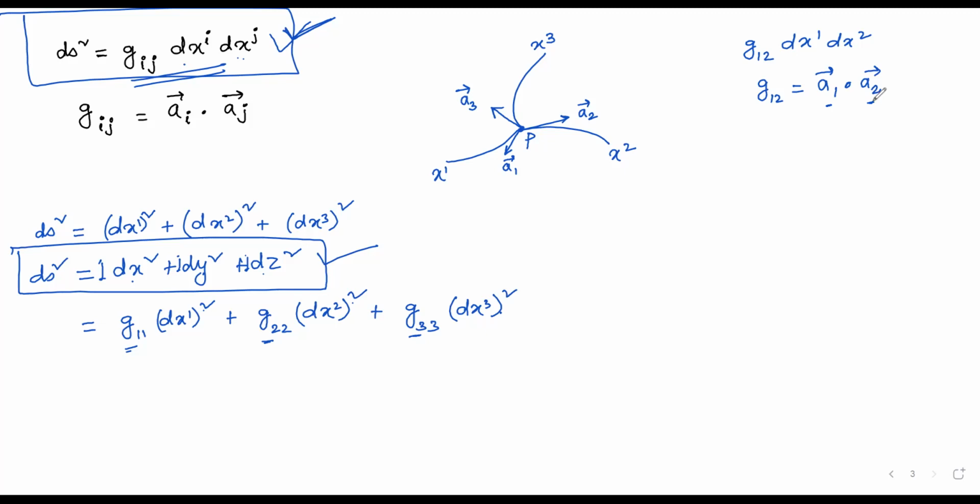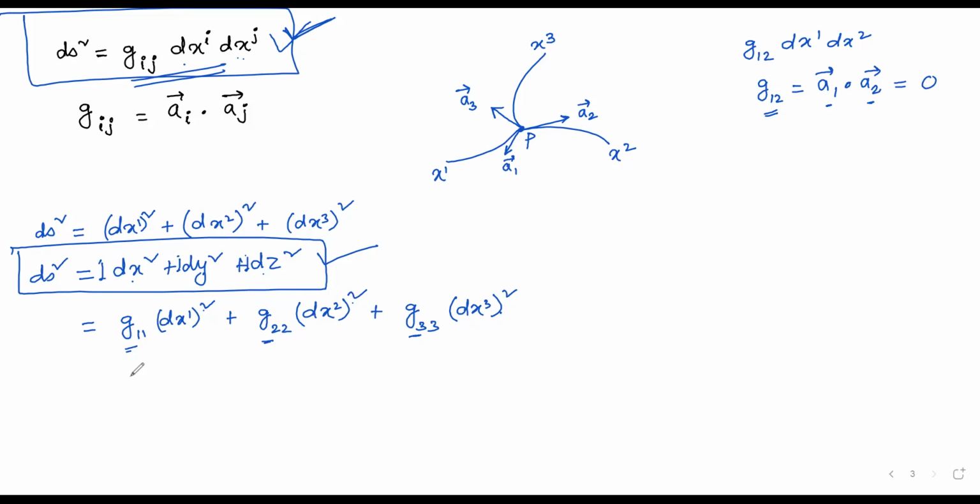So for an orthogonal curvilinear coordinate system, these dot products are zero. So the cross terms do not appear, because the component of the metric tensor is zero. So out of those 9 terms, the 6 cross terms vanish, and the 3 diagonal terms remain.